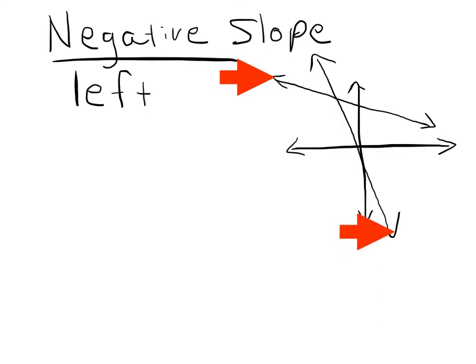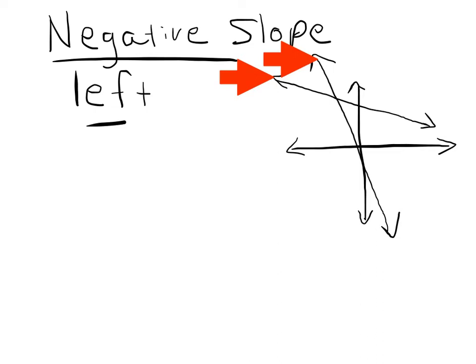I'm going to put my pencil at the bottom of the line and trace it up. Now my pencil looks like it's going kind of straight up, but it's also going a little bit to the left. And if I put my pencil at the bottom and trace it up and it's going to the left, I already determined that that is a negative slope.